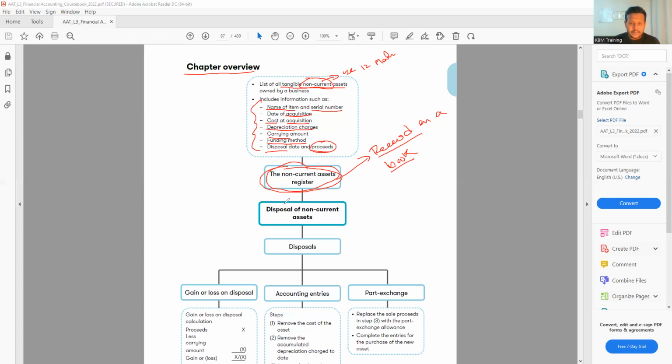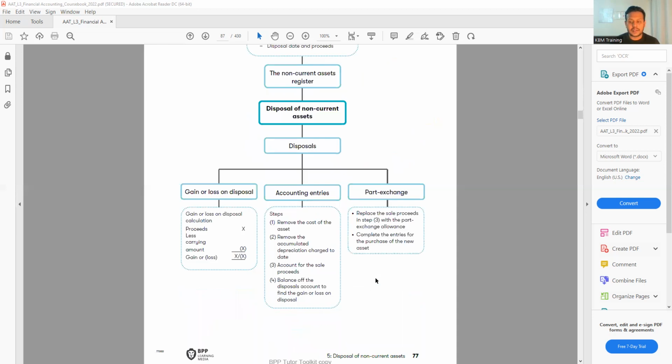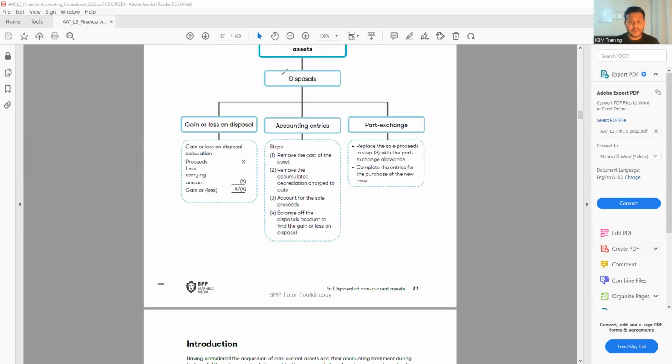Then we have disposal of non-current asset. Disposal means sell, as I said before. Disposal means we sold a non-current asset. Now, when you sell a non-current asset, it is possible I can make a profit or I can make a loss. We don't say profit because it is not from the trading business.